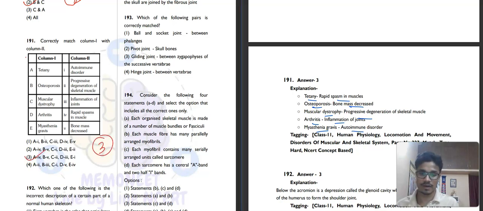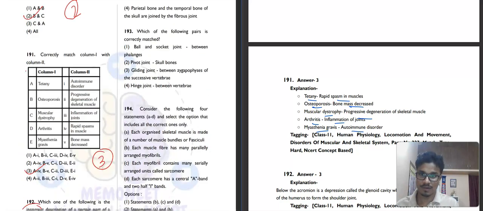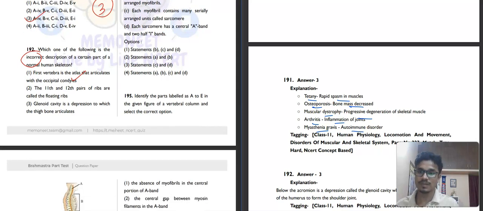Then question number 192. What is it saying? Which of the following is the incorrect description of a certain part of a normal human skeleton? The first vertebra is the atlas that articulates with the occipital condyles. It is saying incorrect. Correct. The 11th and 12th pairs of the ribs are called floating ribs.